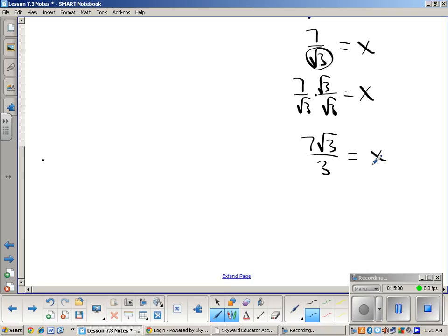Now some people make the mistake of thinking, oh, I can cancel my 3's now. But you cannot. This is 3. This is square root of 3.